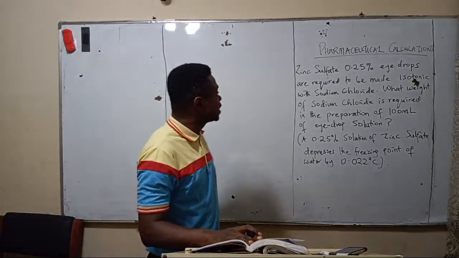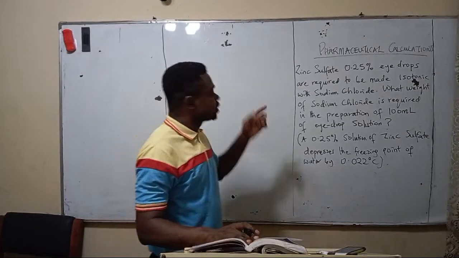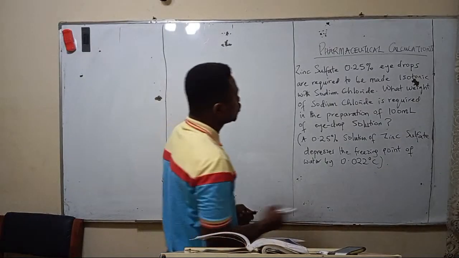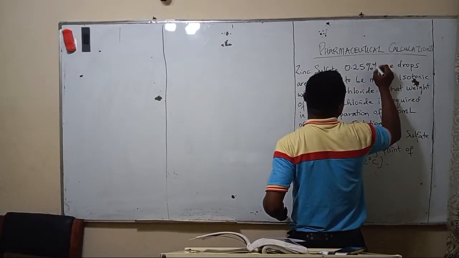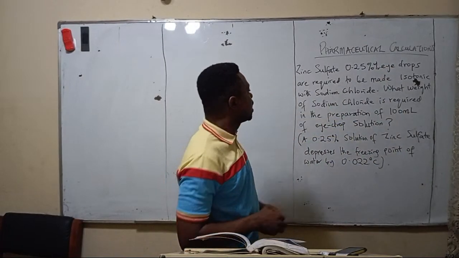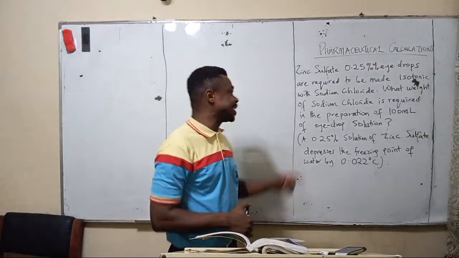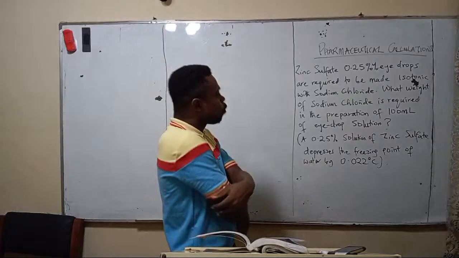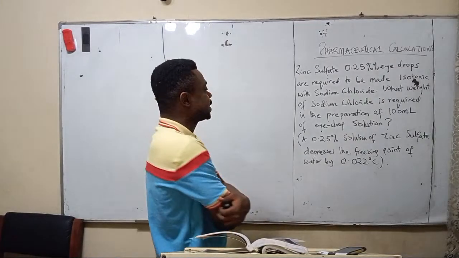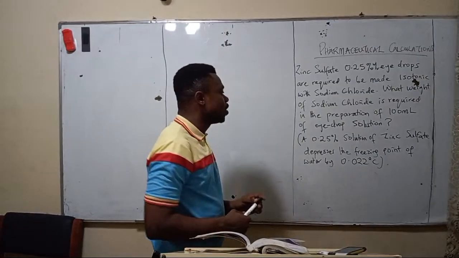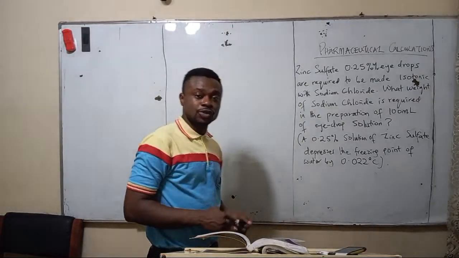Okay, the question says zinc sulfate 0.25%, this should be weight in volume. 0.25% weight in volume eye drops are required to be made isotonic with sodium chloride. What weight of sodium chloride is required in the preparation of 100 ml of eye drop solution?